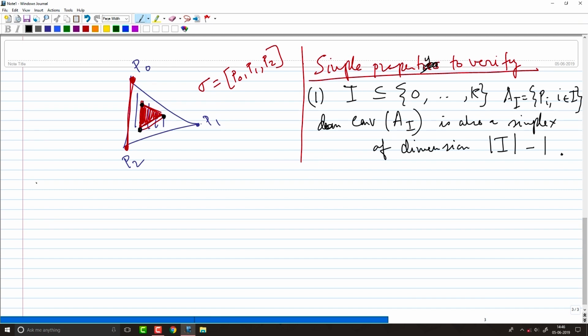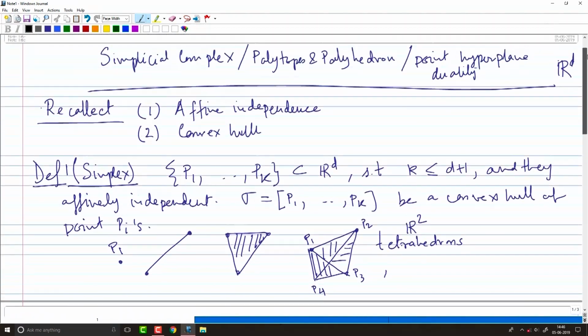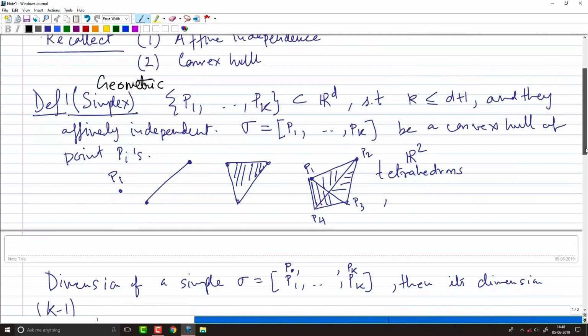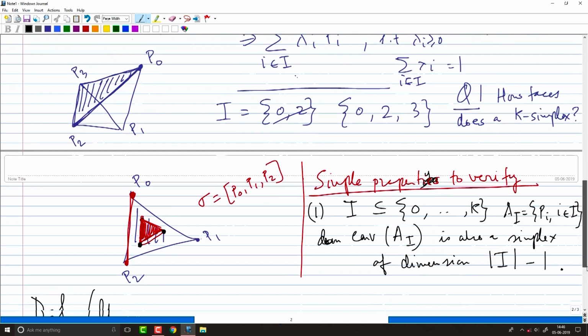So now we can define what is called a geometric simplicial complex. By the way, these objects that I have defined, I was talking about simplex, are what are called geometric simplex. You will be clear why it is called geometric when I define what is an abstract simplicial complex or abstract simplex, but currently just take the name for granted.